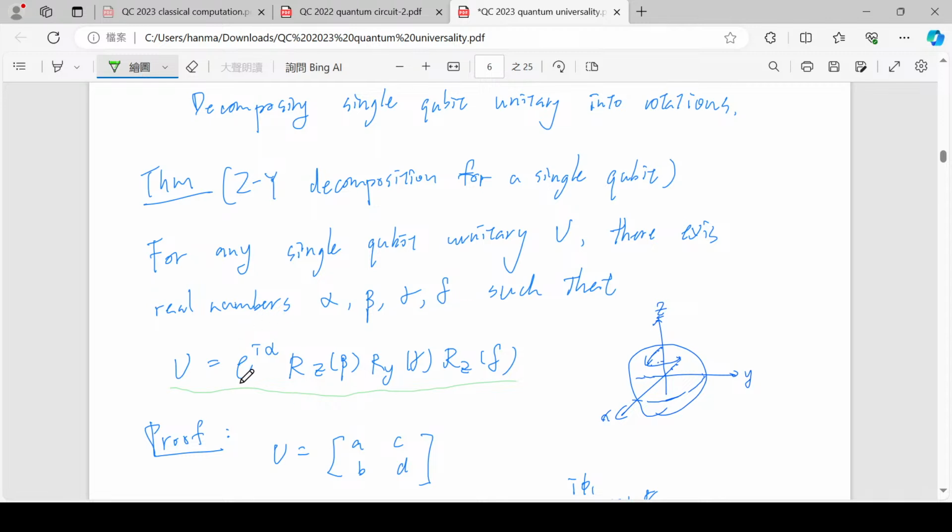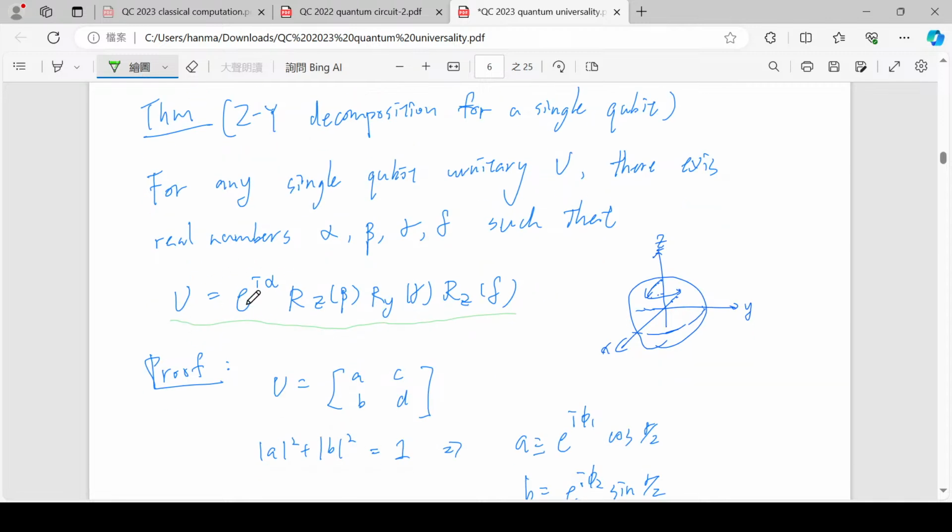So we start with the global phase e to the i alpha, which will actually do something later, we'll see. Then a rotation about the z axis by some angle beta, and then a rotation about the y axis by some angle gamma, then a rotation about the z axis by some angle delta.